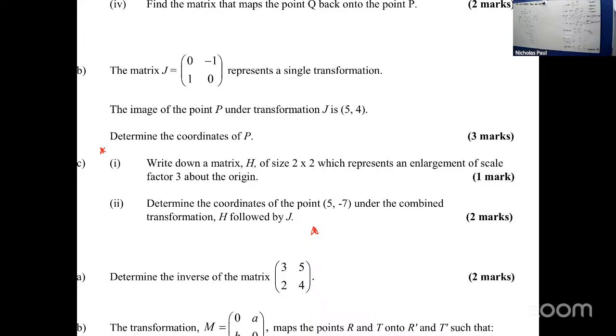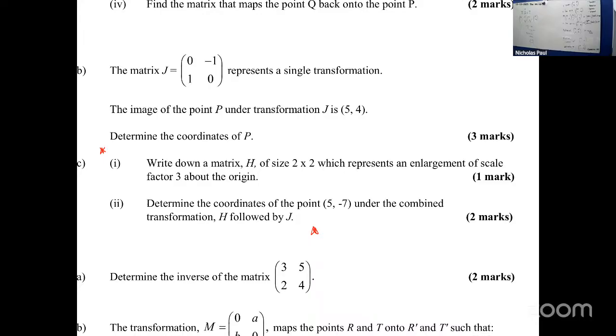Well, multiply them. That's the multiplication, and you must go in their order. What did the question say? Which one first? H and then G. What's the answer?